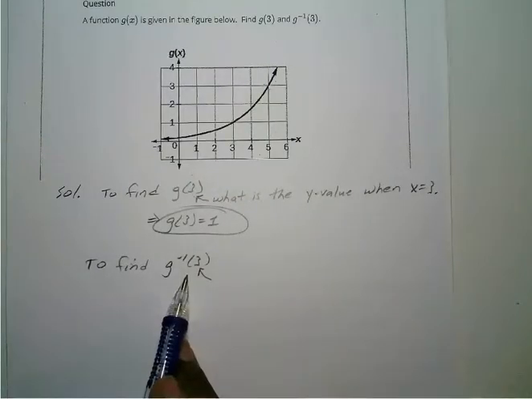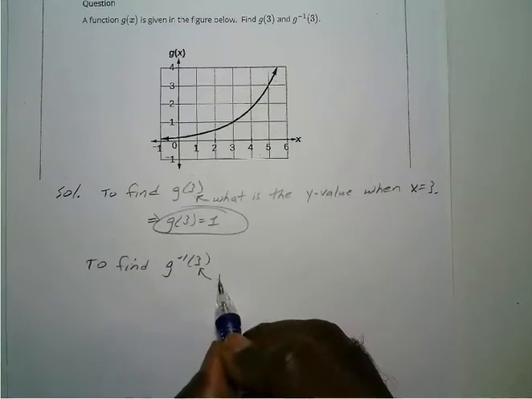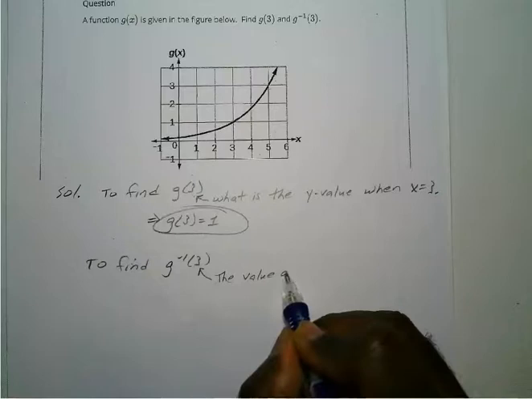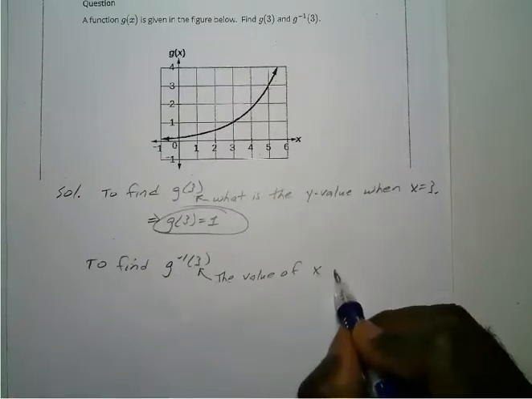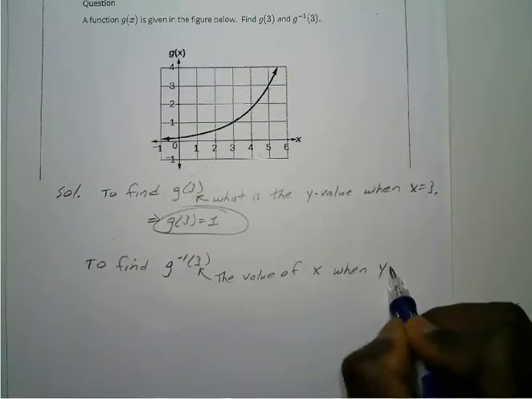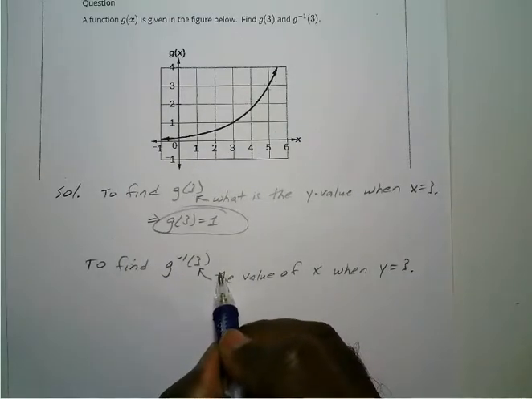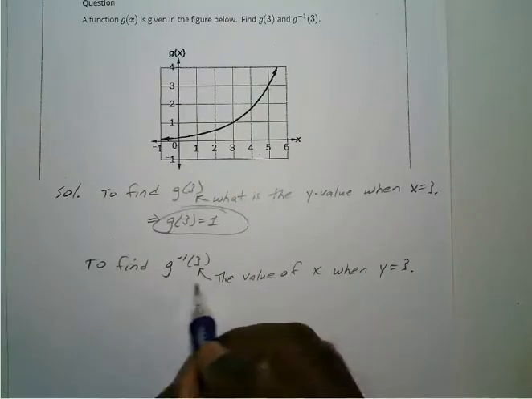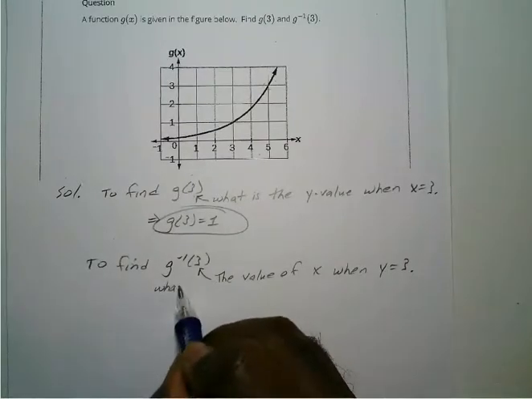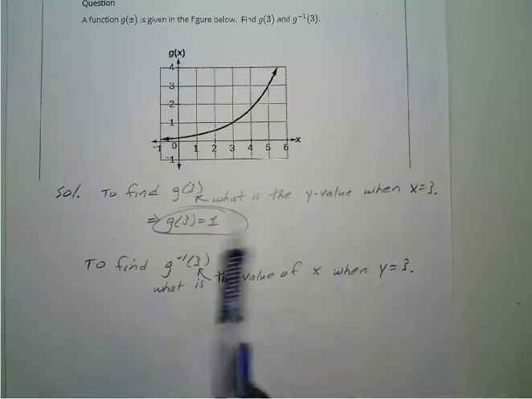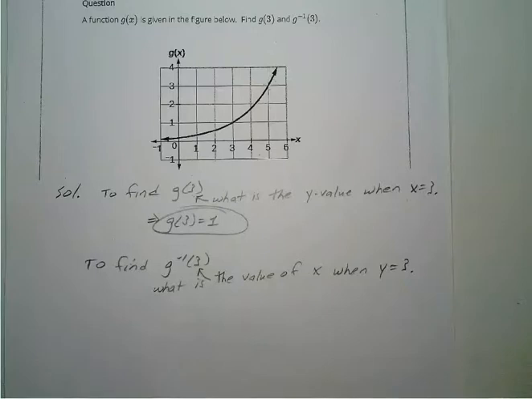For g inverse of 3, you want to find the value of x when y is equal to 3. What is the value of x when y is equal to 3? So you see here, it's a little bit of a switcheroo.